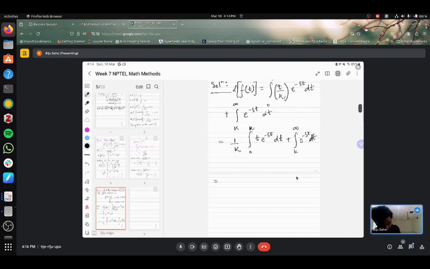Let us do the first integral by integration by parts. It's a very simple integration.